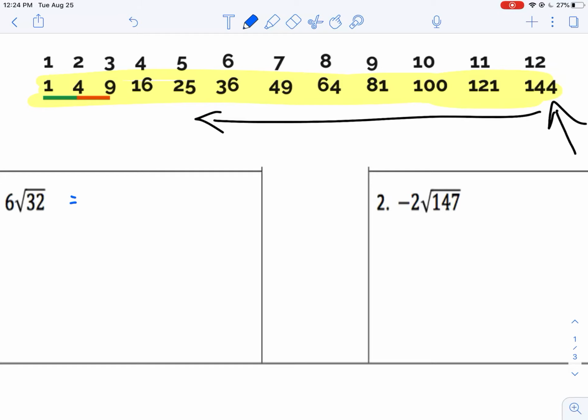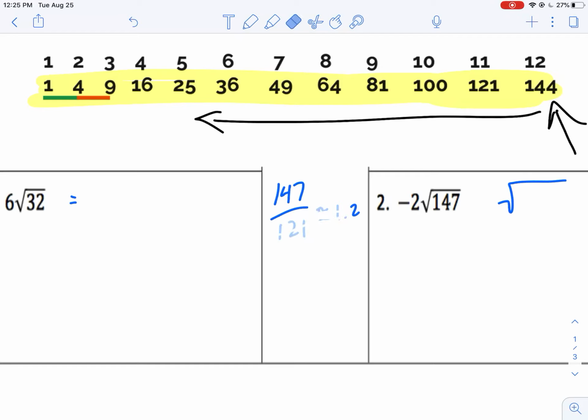So I'm going to rewrite the square root of 147 as the square root of, let's see, 147 divided by 144 gets me 1.00 something, so that's not going to work. 147 divided by 121 gets me 1.2.